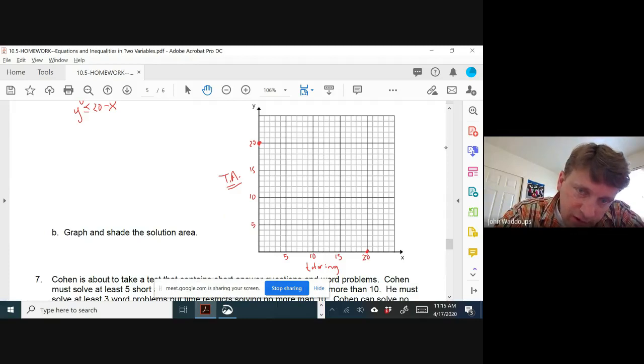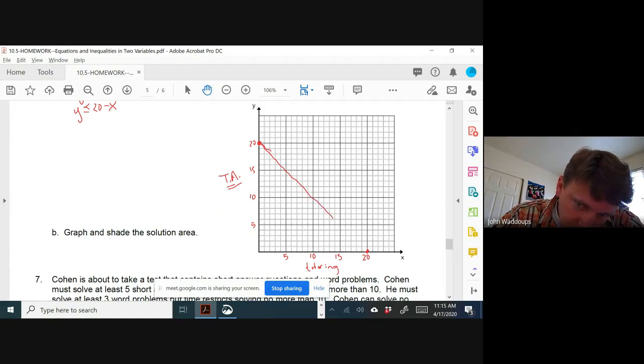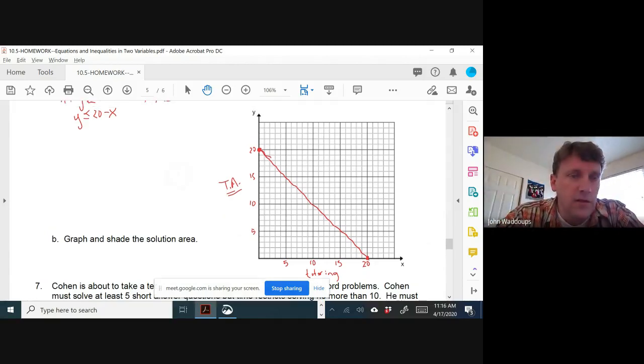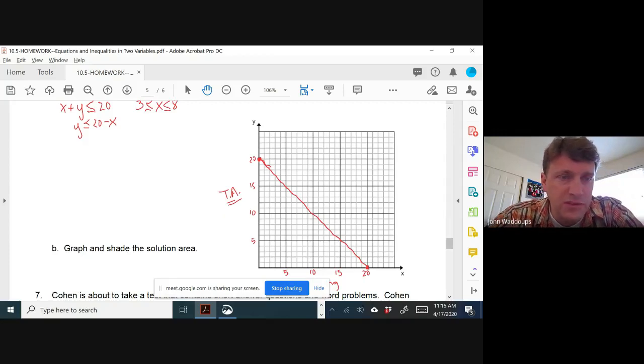And so this line right here is the equal part of y equals 20 minus x, but the less than part goes down below. And I'll come back and shade that here in just a moment.